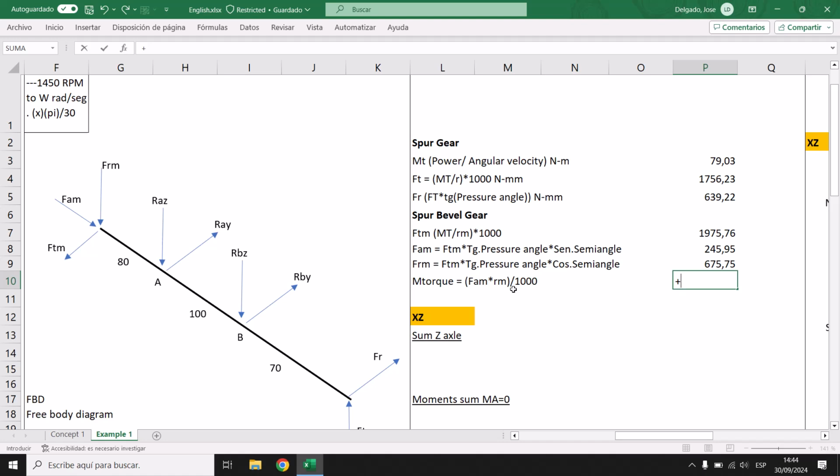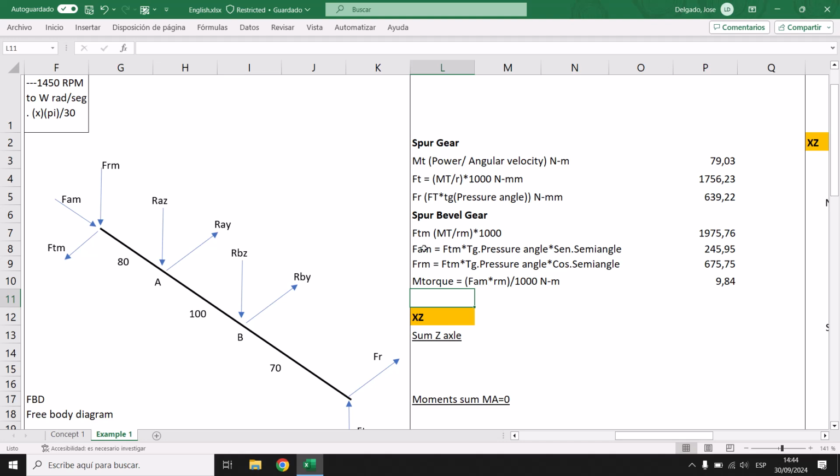As you can see, it's going to be our axial load multiplied by the radius of the bevel gear, it's 40 divided by 1,000, because we want this in Newton meters.